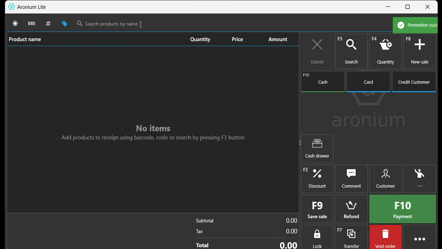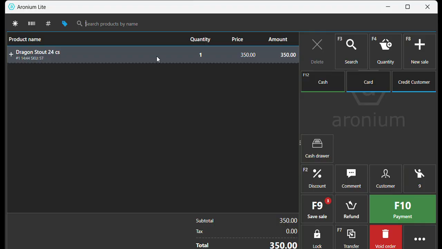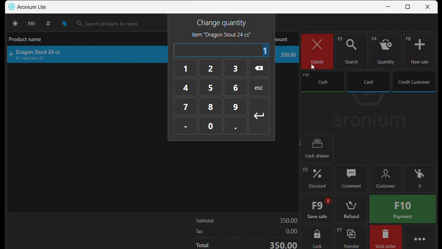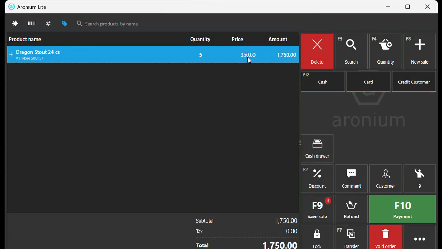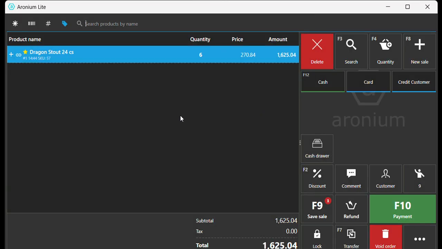If you realize, if I go here, to my invoice, and I put in dragon, one is for 350. But if I increase the quantity to 5, it's still the same price. If I increase the quantity to 6, the price goes down to here.